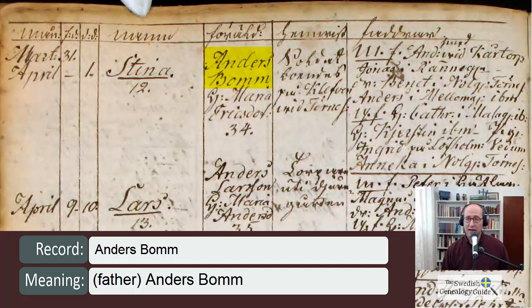The father's name is Anders Bom, and then the next letter you see is a capital H in a typical Gothic handwriting style, and that H stands for hustru, which means wife, and her name is Maria Eriksdotter, and she is 34 years old. Now the next word is a capital S.